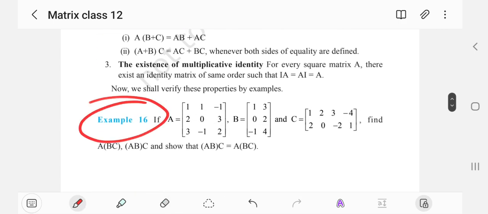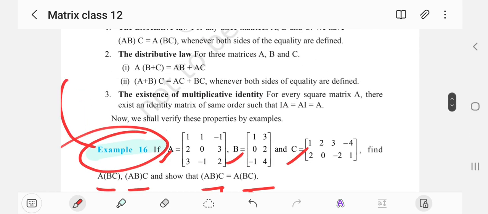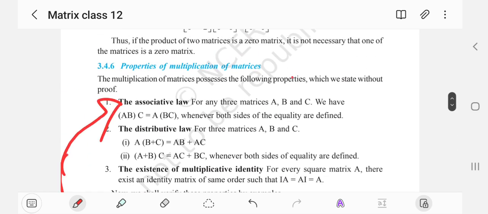Okay, let's quickly discuss this example number 16. What is it saying? We are given A matrix, B matrix, C matrix, and we have to find this, and we have to finally show that this is equal to this. This example 16 is nothing but the application of the property of associativity.